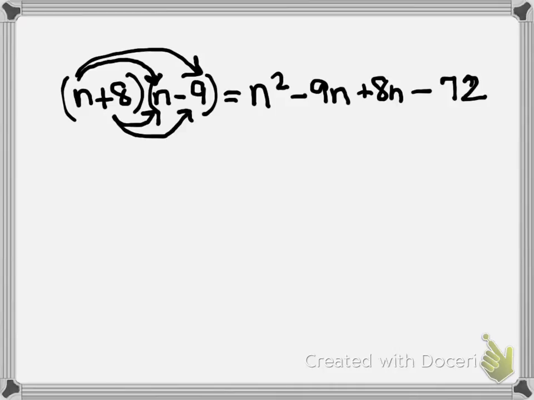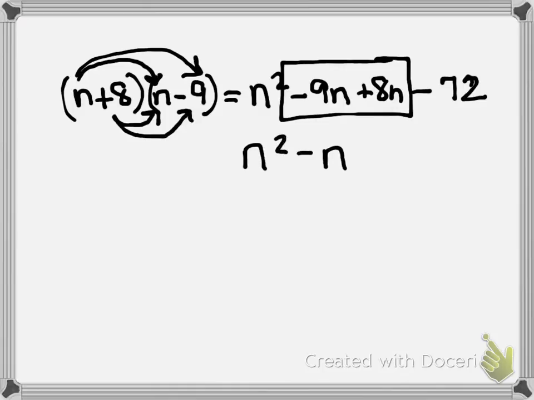So if you look at that for just a second, the middle terms are like terms and they will combine. So we simplify that to be n squared minus n minus 72. Okay, so I want you to notice, where did this term in the middle come from?